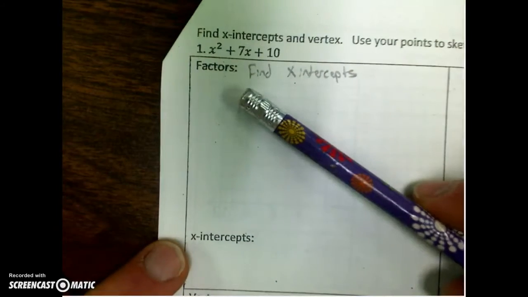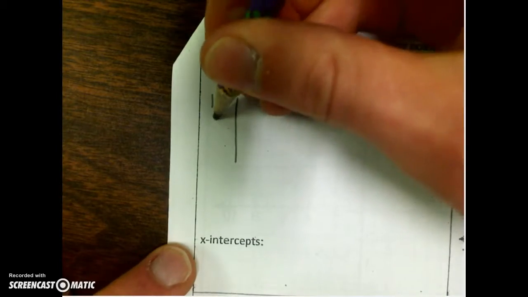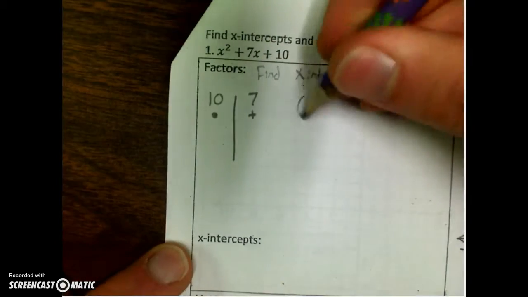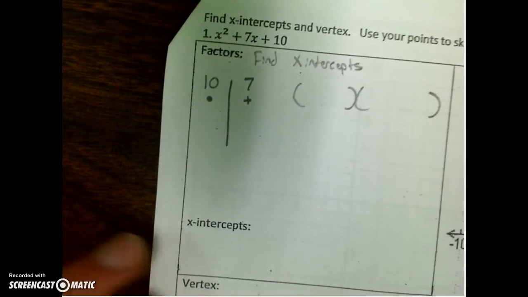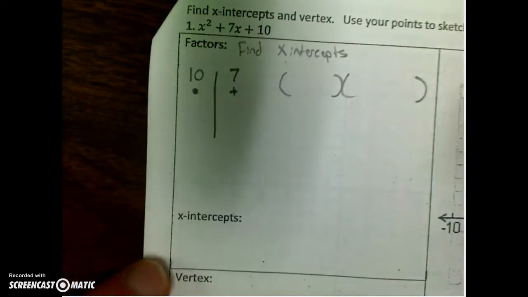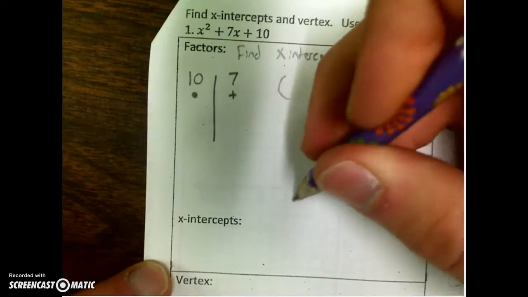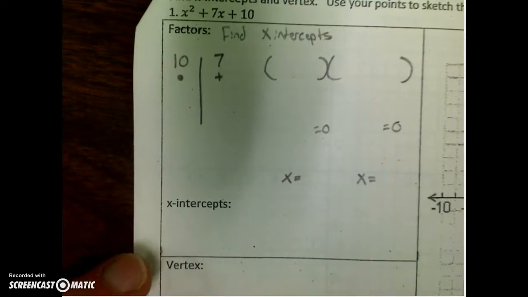So what you're going to want to do is find out what numbers multiply together to give you a 10, that those numbers also add up to give us a 7, and you want to get your answer factored into its two pieces. All right, so once you have it into your two pieces, what you're going to do is set them both equal to 0, and you're going to solve for your two x values. All right, so it's just like the first page.